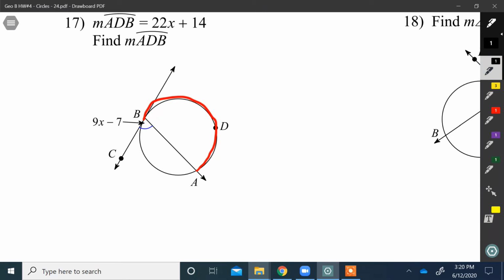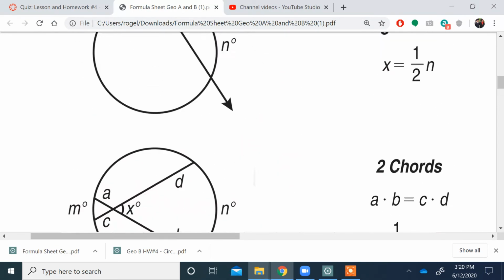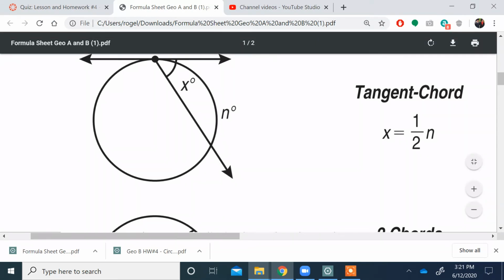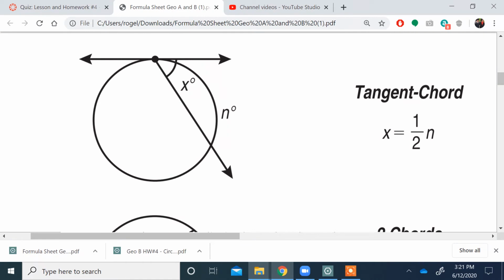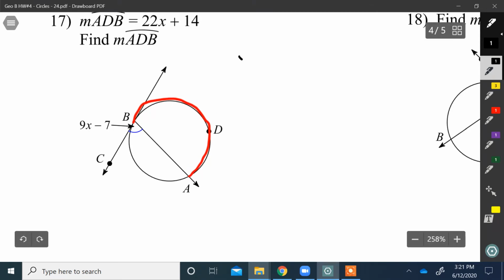Well, let's go back to our formula sheet. Which one is the one we're gonna use? As you can see, this is what we have. Okay, so we're gonna be using that formula right there. That's interesting. Okay, so we have x is equal to half of n.